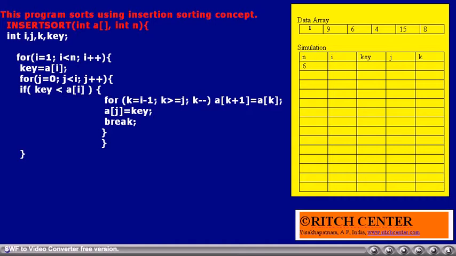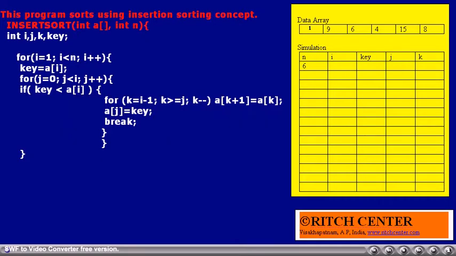We take elements starting from the second element onwards. For example, the second element means index is 1, I value is 1.